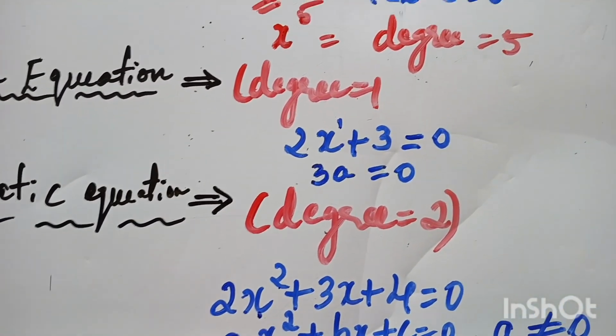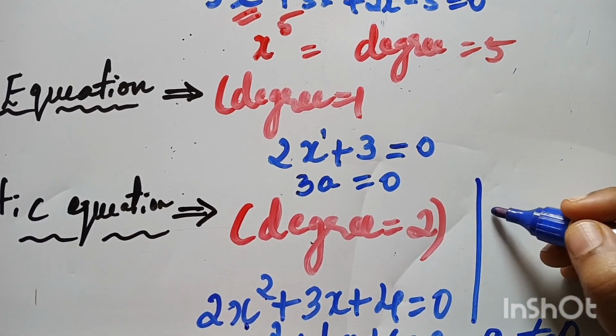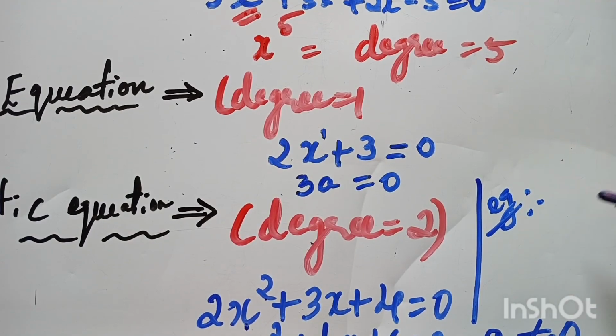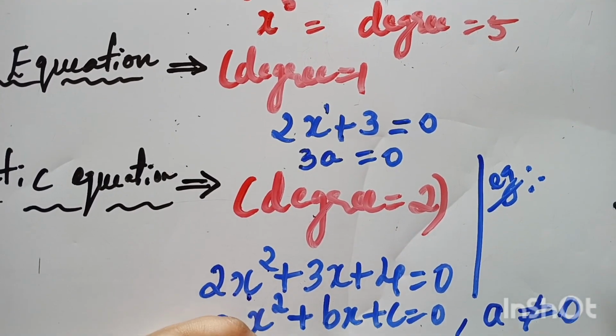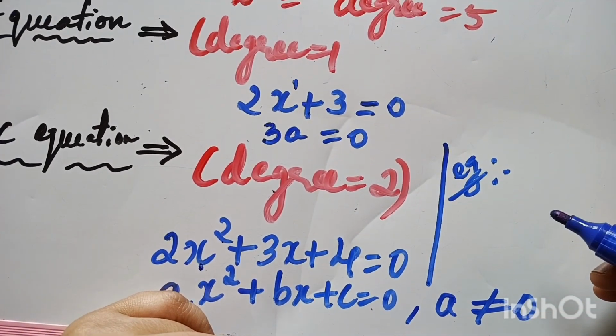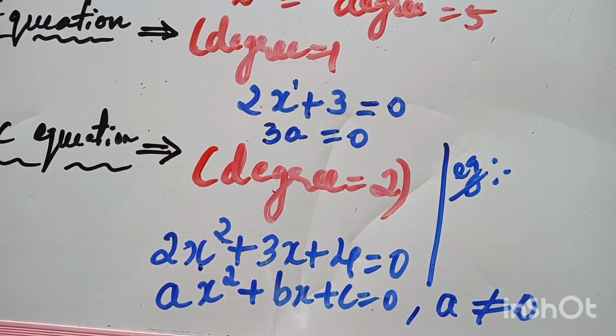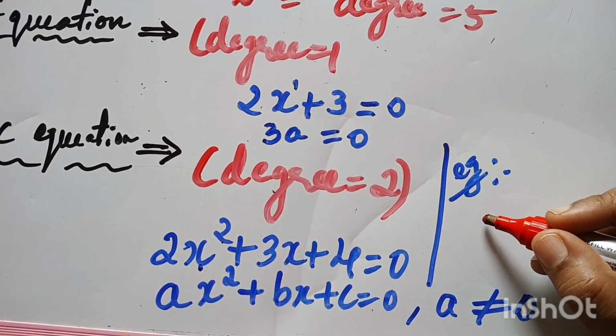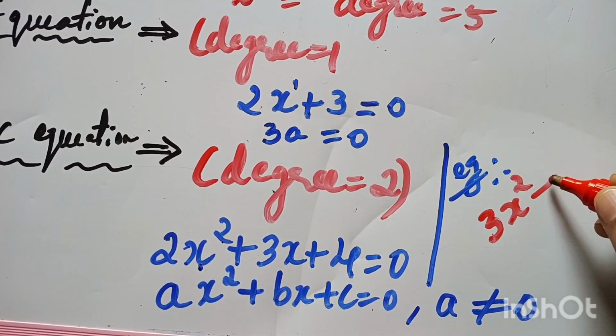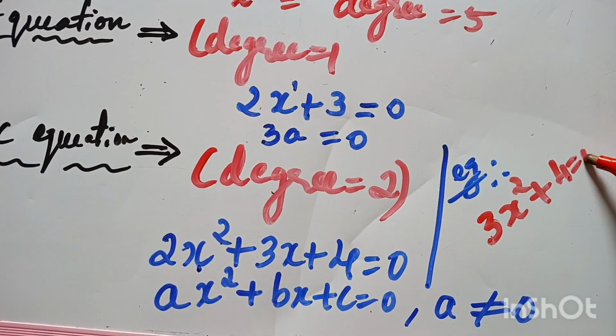So for example, for a quadratic equation we can write 3x square plus 4 equals 0. It is not in general form.